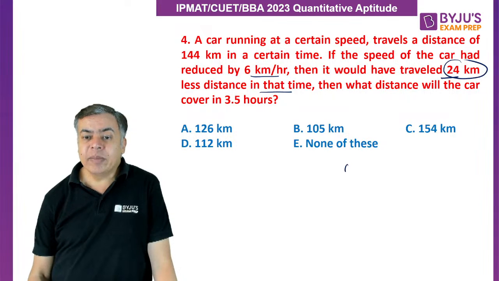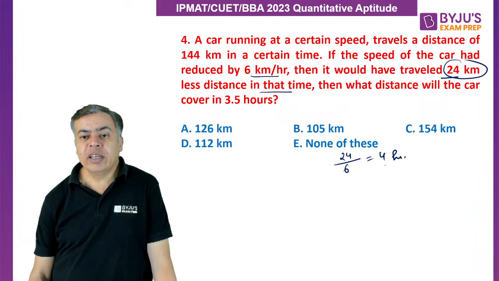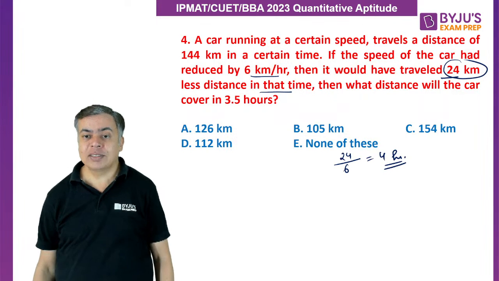अगर 1 घंटे में 6 किलोमीटर कम गया तो 24 किलोमीटर, 4 घंटे में, यानी कि he must have traveled 4 hours.